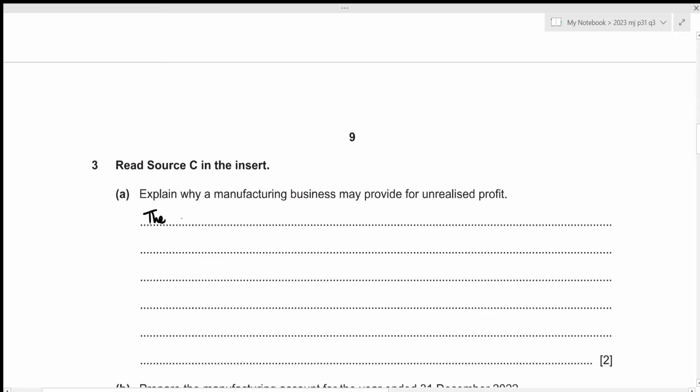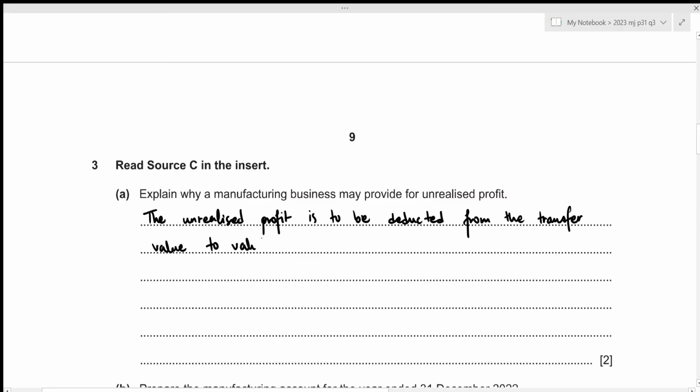The unrealized profit is to be deducted from the transfer value to value the inventory at cost.